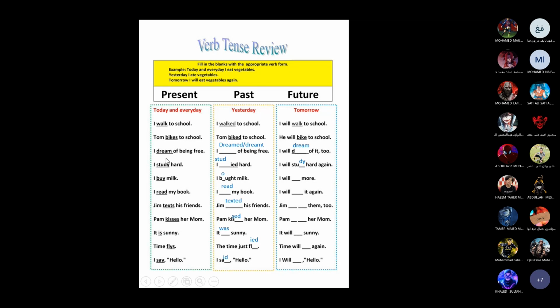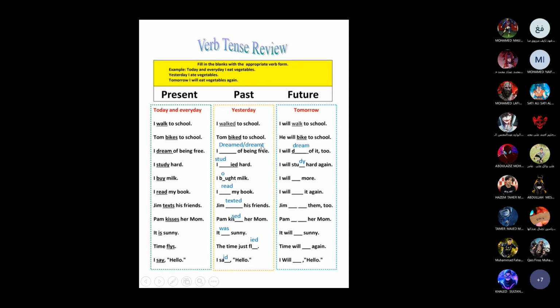If you want to change it to the past form, dream is an irregular, unusual form. So you have two ways. Add t or add ed. So this is correct and that one is correct. So you can say, yesterday I dreamt or I dreamed.